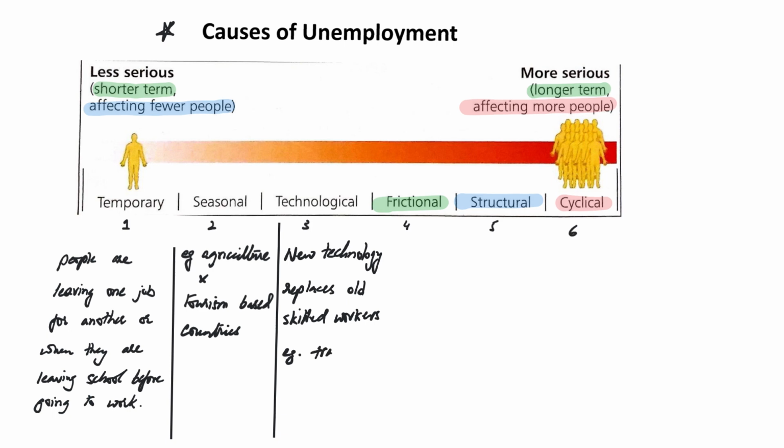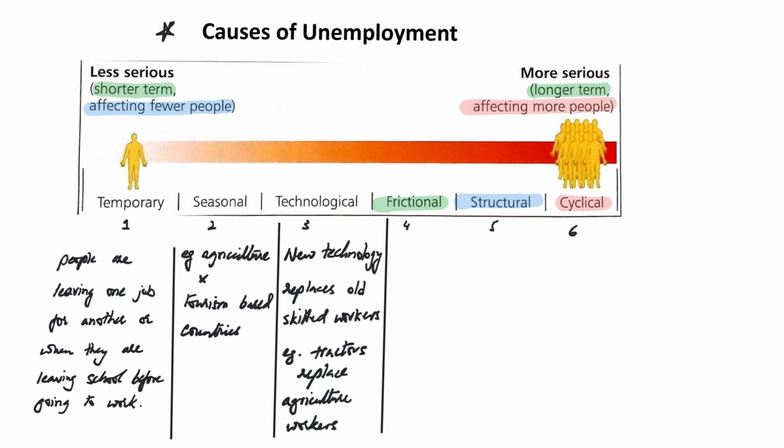Example, tractors replace agriculture workers. Okay, that's technological. Obviously now the problem is becoming larger, not as short term, and it will affect more and more people now. So this is technological.